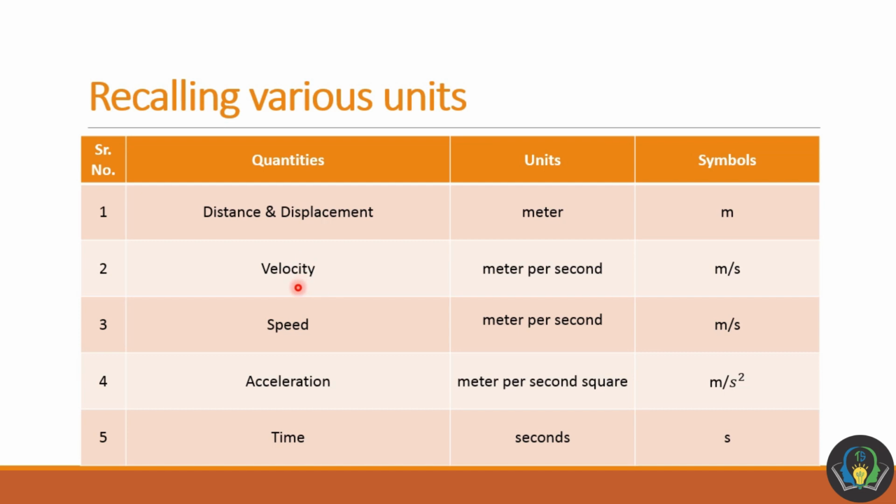The next is velocity and speed. Both have meter per second as their standard units. Then the acceleration, the thing which we are based on, meter per second square, and this is how you can write meter per second square. And time, which you might already be aware of, is seconds.